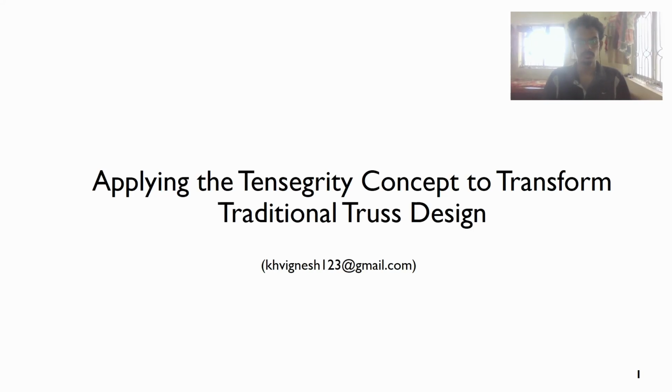Hello everyone. Today I'll be explaining the tensegrity concept. Normally, with traditional trusses, I'll give an example.